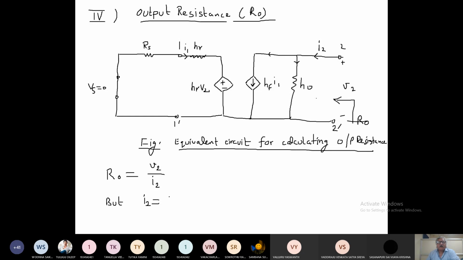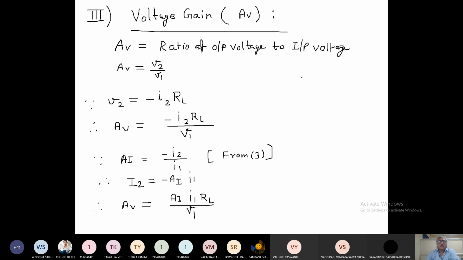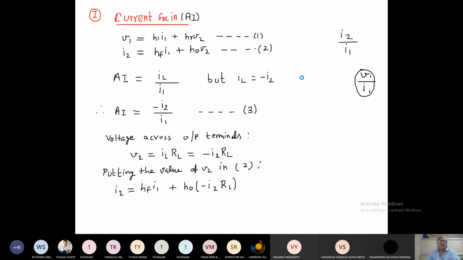So I2 is equal to HF I1 plus H naught V2. I think initially we wrote this as expression number 2: I2 is equal to HF I1 plus H naught V2.